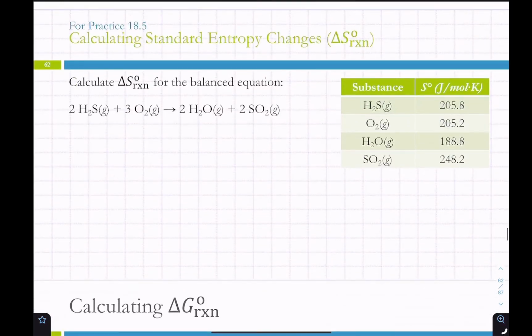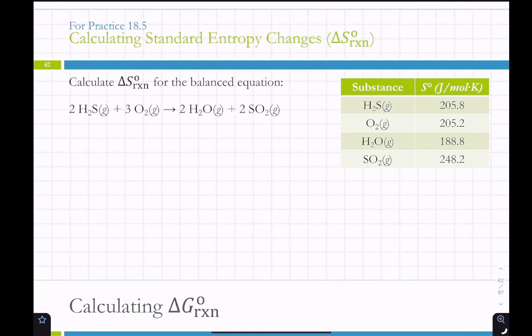All right, so let's calculate a thing. So calculate delta S of the reaction for the balanced equation. For this balanced equation, we have very conveniently all of the molar entropies that we need.